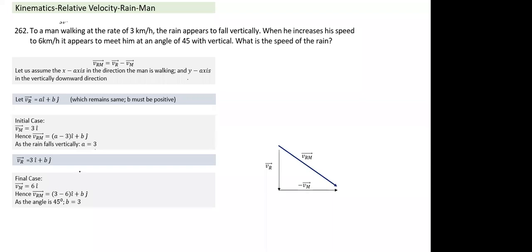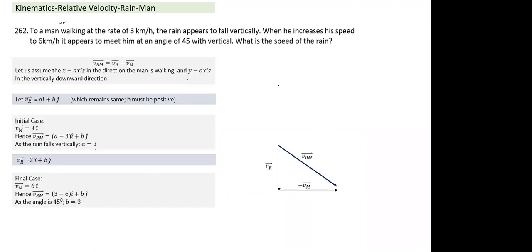We don't know in which direction the 45 degrees is, so we can just equate the magnitudes. So it gives you the value of b. Since this is equal to 3, this also has to be 3. b cannot be minus. I hope you understand why b cannot be minus. Okay. So we understand b is not minus, and we can draw that also.